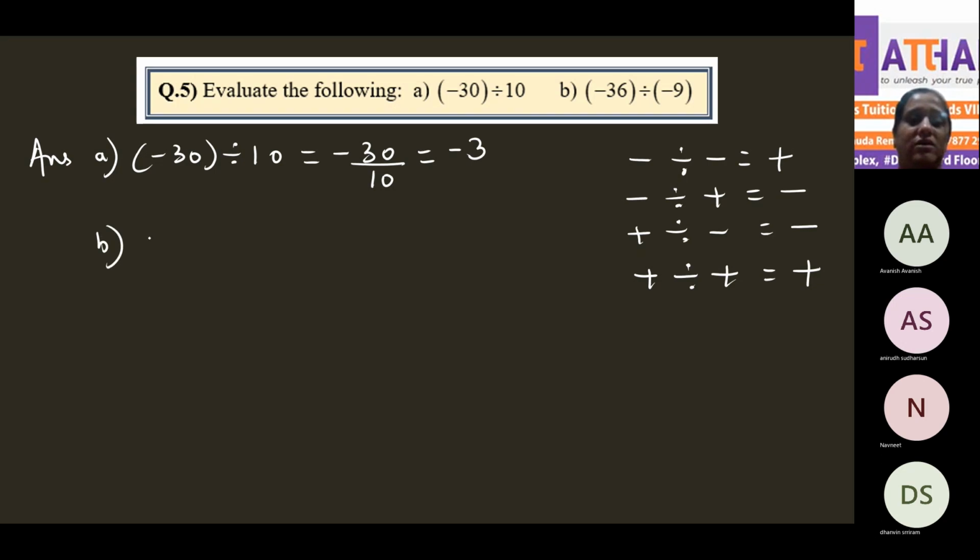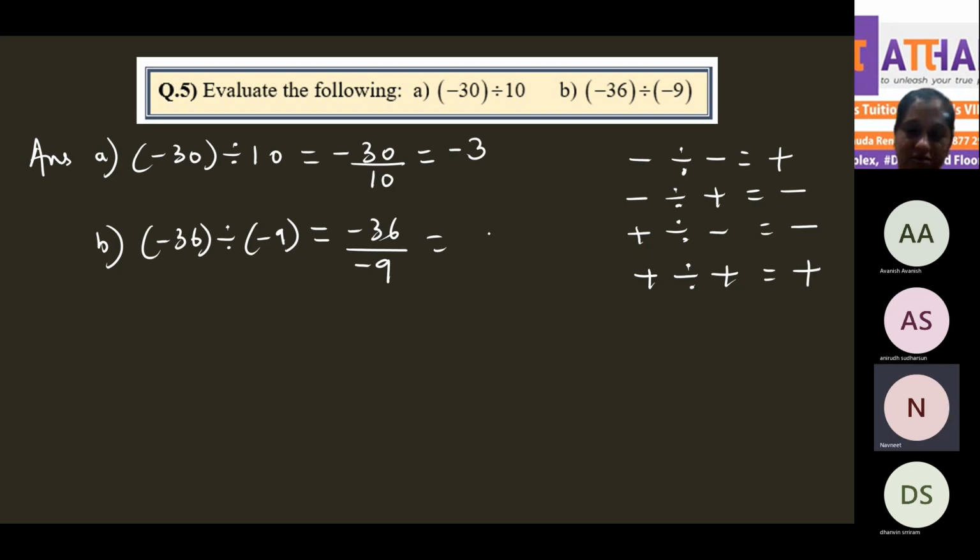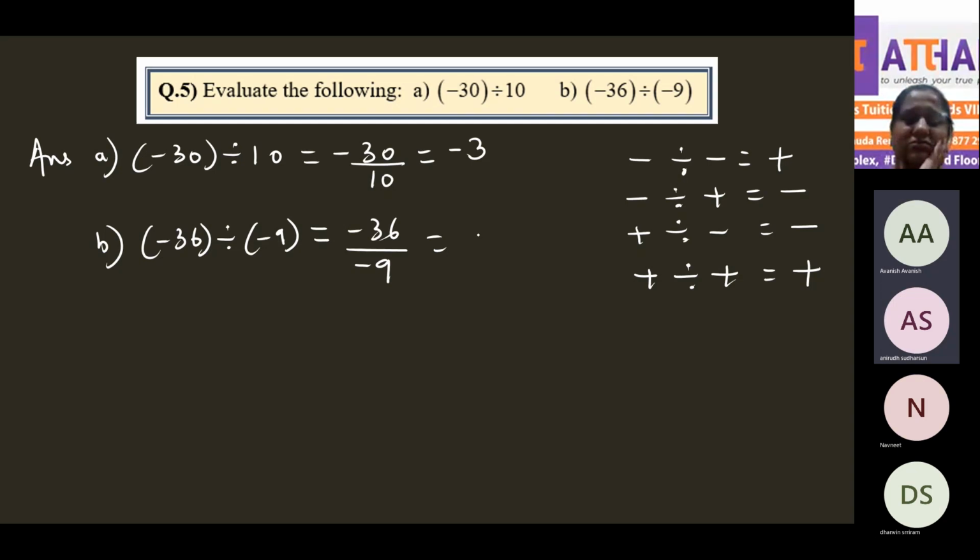Next one. This is how you should present your answer. You should write the question and then write it like minus 36 by minus 9, which is equal to what? What is minus divided by minus? Minus 5? Wrong. Minus 4? Plus 4.